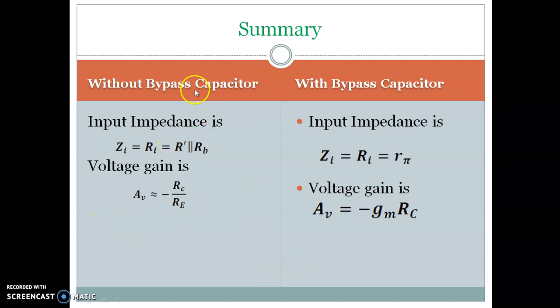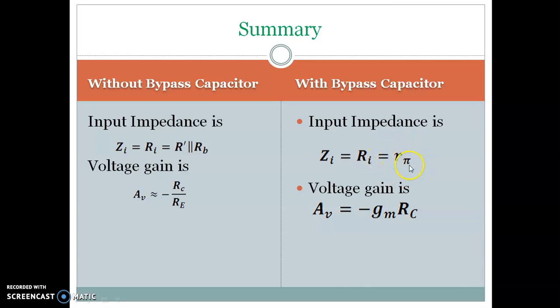Now take up the summary: without bypassing capacitor and with bypassing capacitor. Without the bypassing capacitor, the input impedance is better because it is R dash parallel RB, where R dash is R1 parallel R2, the bias resistors. Those are better values, and the voltage gain is small, Av is equal to minus RC by RE. But with the bypassing capacitor, you can see the input impedance Ri is a very small quantity.